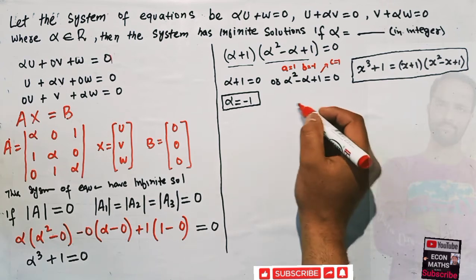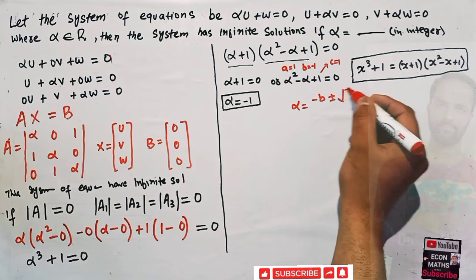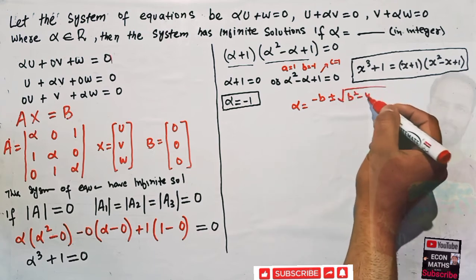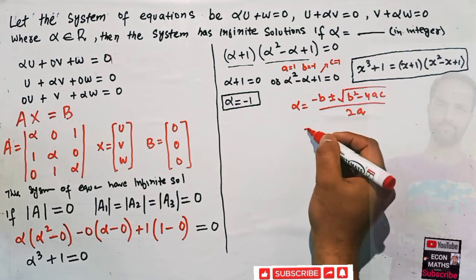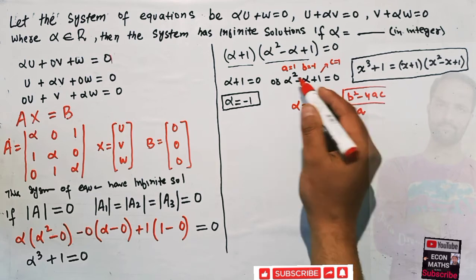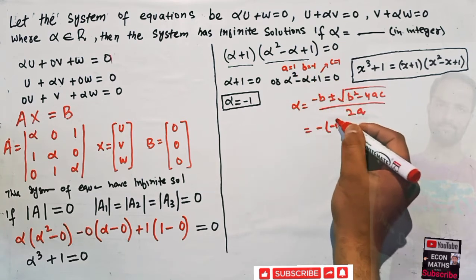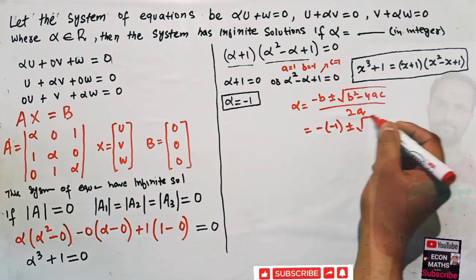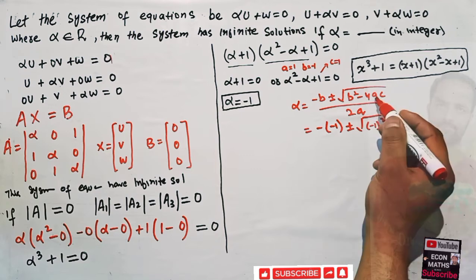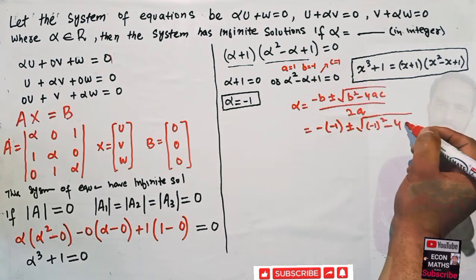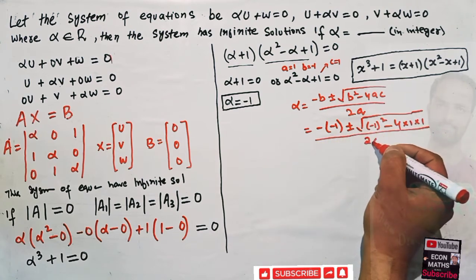Using the quadratic formula, alpha will be equal to minus b plus minus under root b square minus 4ac divided by 2a. B is equal to minus 1, so we have minus of minus 1 plus minus under root minus 1 square minus 4, where a is 1 and c is also 1, then twice a, that means 2 into 1.